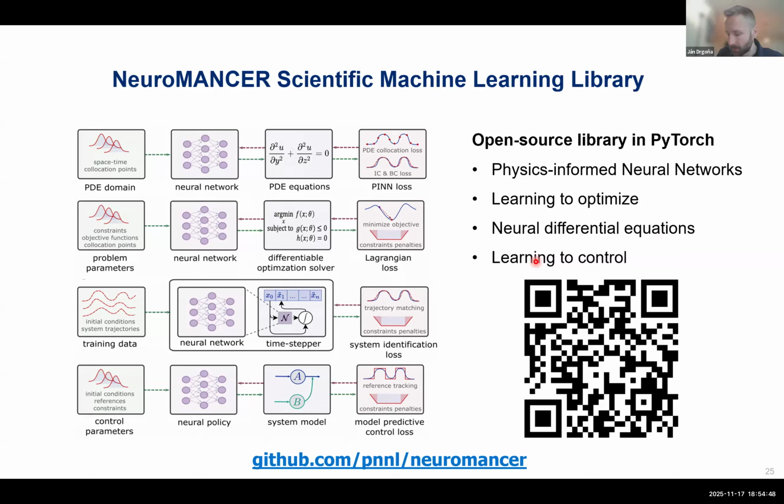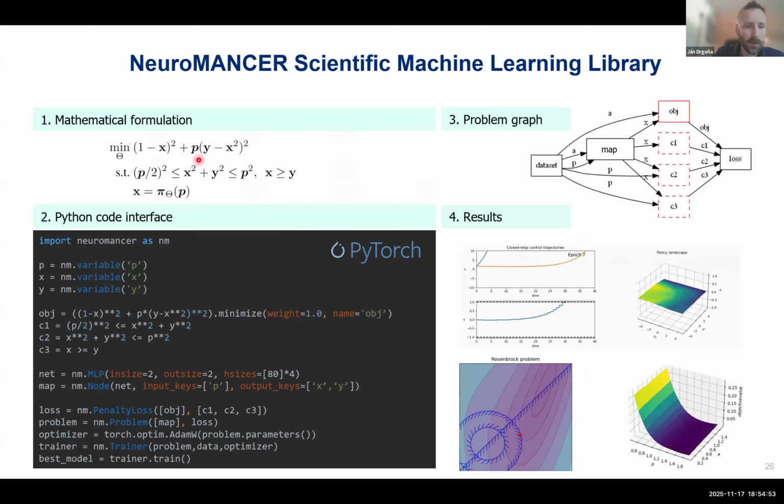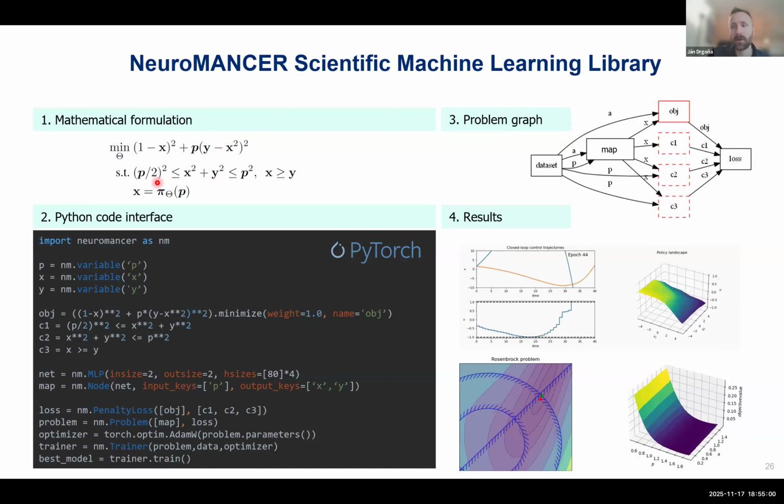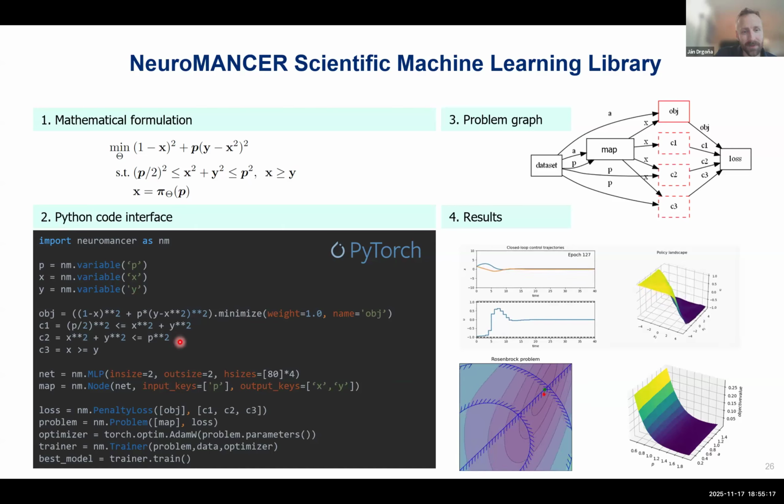So the library backend is built in PyTorch, and for controls and operations research people it comes with a familiar user interface like we are used to in algebraic modeling languages like CasADi, CVXPY or Pyomo, where we write our mathematical formulation of the optimization problems, we construct the variable objects, and then we write them in a few lines of code as these expressions.